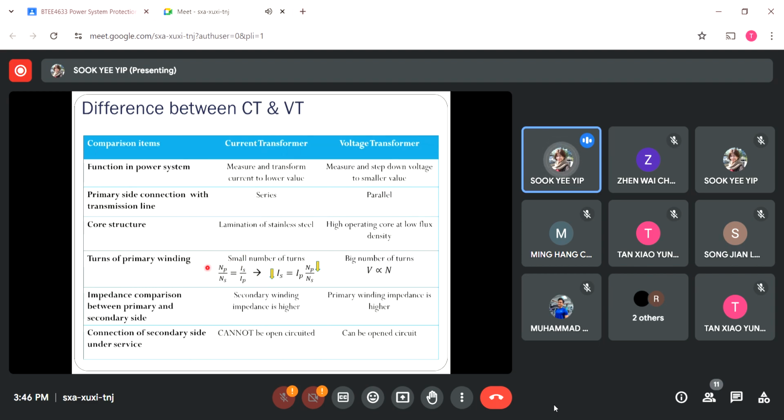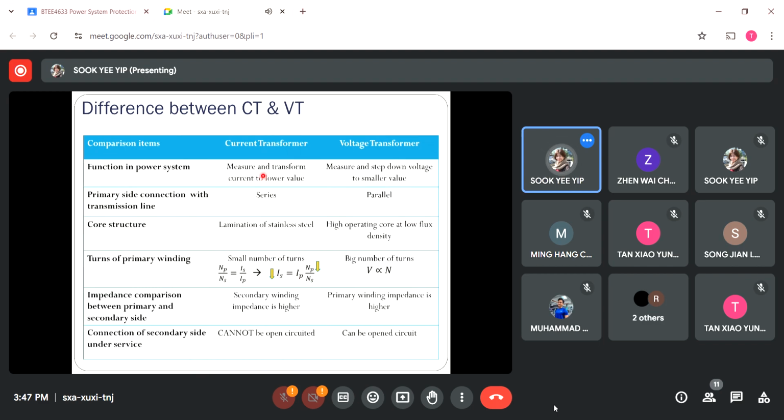For either transformer, we have such a formula, where the ratio of the primary turns to the secondary turns is equivalent to the secondary current divided by the primary current. Let's rearrange this in terms of the secondary current. You'll find that the secondary current is the primary current multiplied by the number of turns at the primary side, divided by the number of secondary turns.